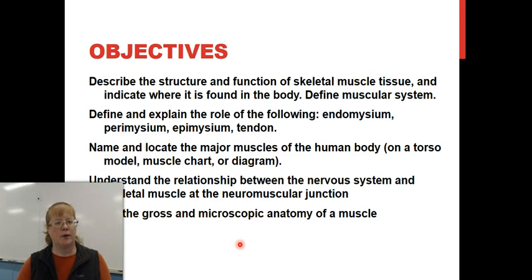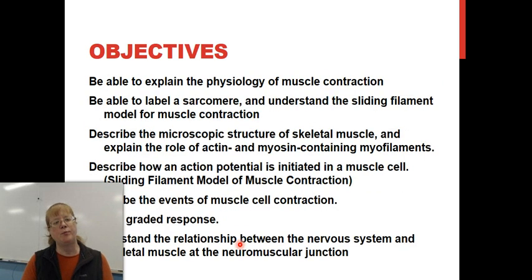And we want to understand the relationship between the nervous system and skeletal muscle at the neuromuscular junction. So we're going to be talking about the neuromuscular junction a bit. And we're going to talk about the gross and microscopic anatomy of muscle tissue. We're also going to talk quite a bit about the physiology of muscle contraction. So there are certain terms that we're going to be taking a look at.